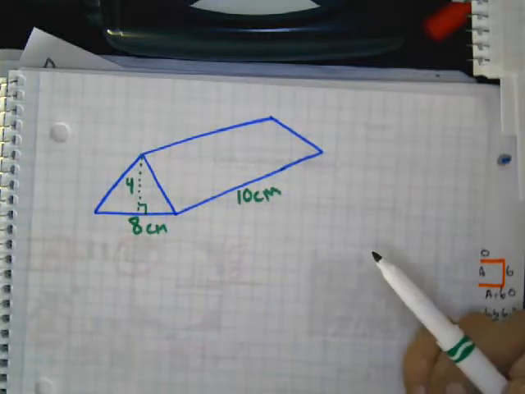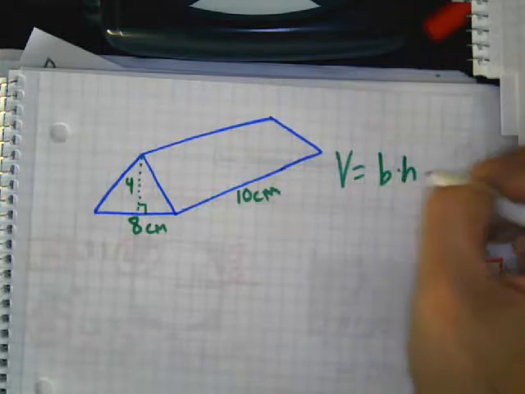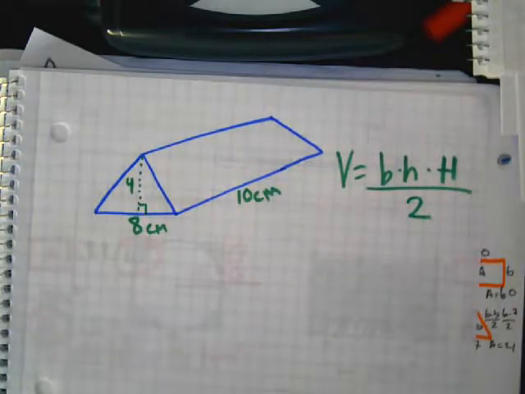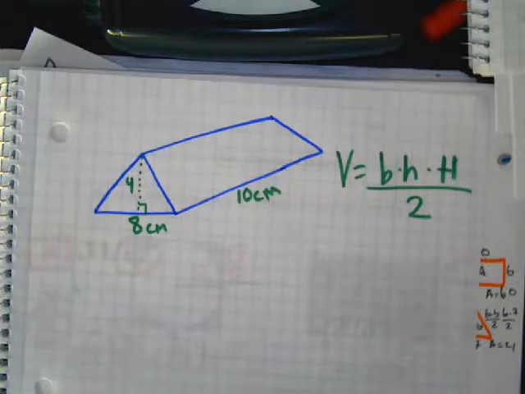4, 8, 10. So, guys, volume is equal to base times height times your big height divided by 2. What'd you get?